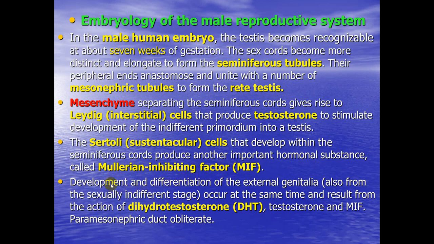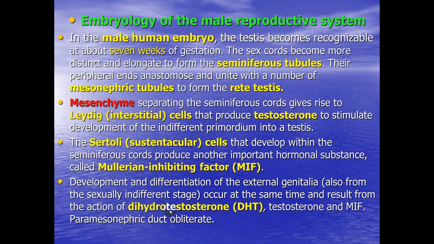The further development of the testis and external genitalia, also from the sexual indifference stage, occurs at the same time and results from the action of dihydrotestosterone, a modification of simple testosterone, international abbreviation DHT.